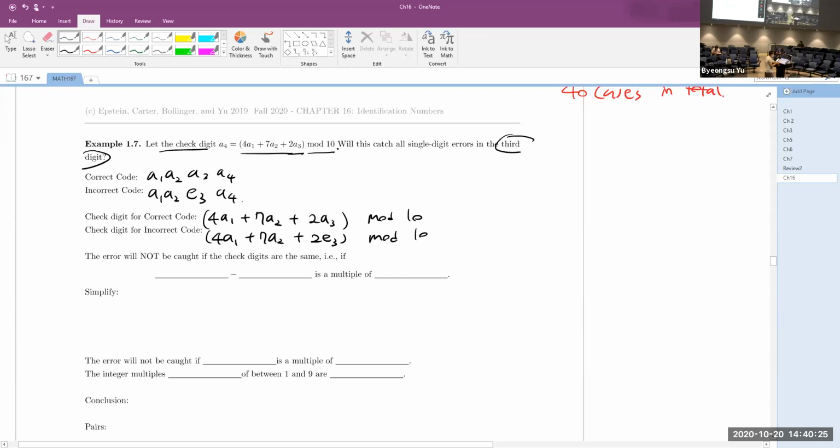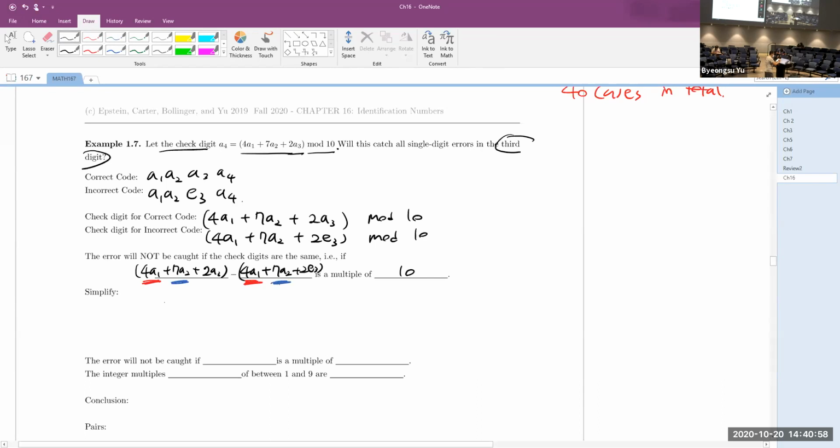And the error will not be caught if the check digits are the same, and it is the same when the difference between those numbers is a multiple of 10, right? Then you can just cancel out the 4A1 and the 7A2 part.